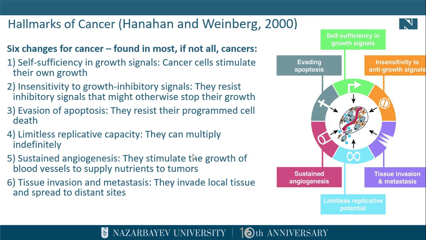Apoptosis is a programmed cell death that normal cells would undergo when something goes abnormal. So the normal cells would commit suicide, and that causes cell death.